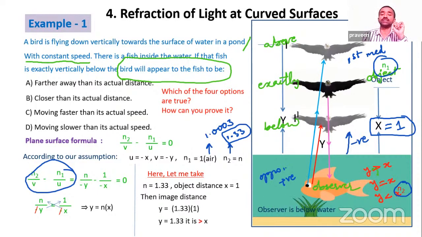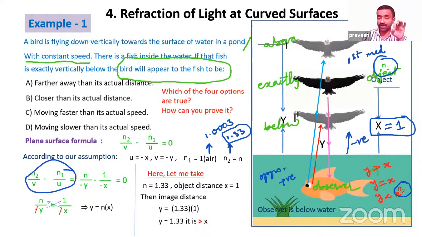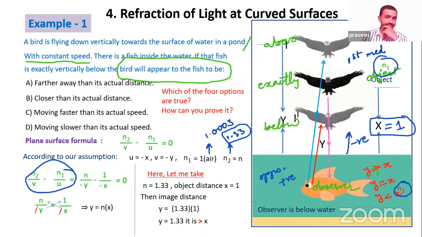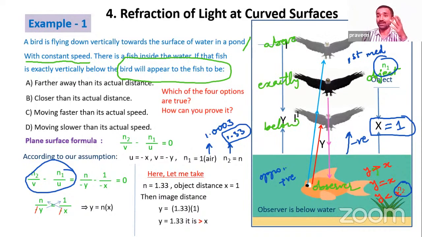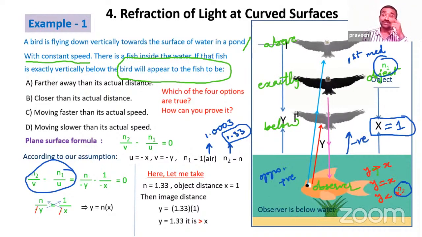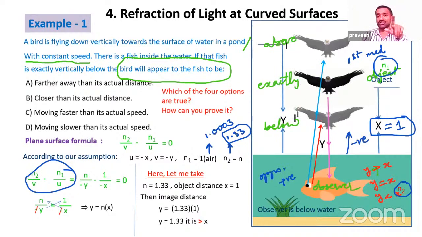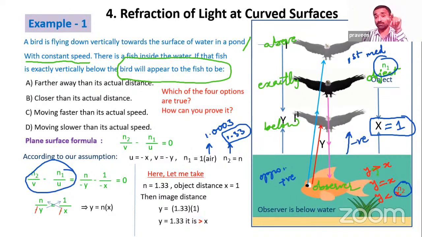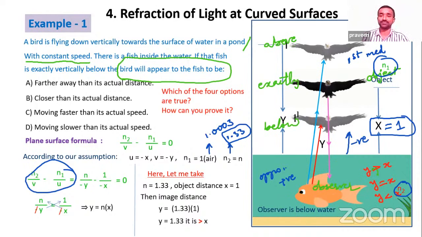That is 1.33. So automatically I can compare the value of y with x. So I got y is greater than x. Y is the image distance, so the image will be formed farther than its actual position or actual distance.